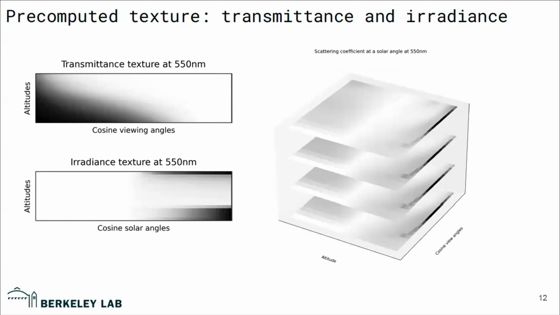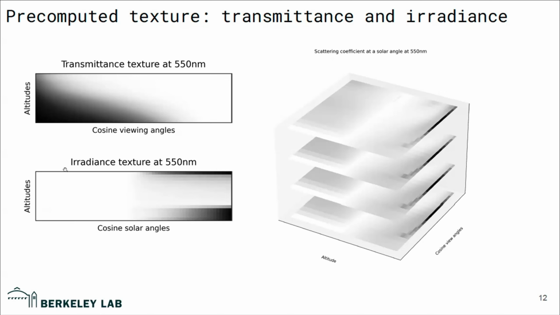So this is what the pre-computed texture looks like. Essentially on the left is 2D, on the right is a 4D that's projected into 3D. On the transmittance, it's pretty straightforward. We pre-compute for a lot of cosine view angles and a lot of altitudes, and compute the transmittance to the top of the atmosphere layer.